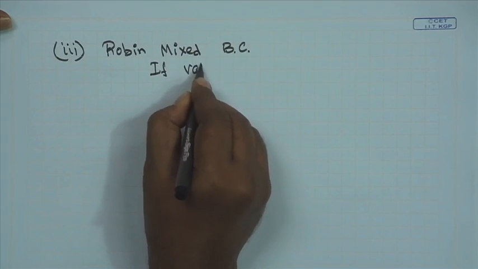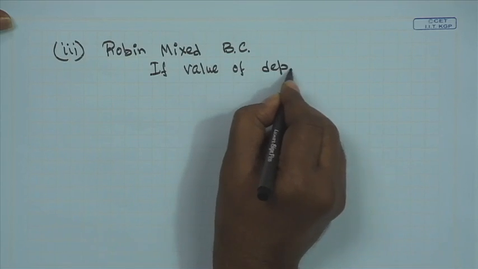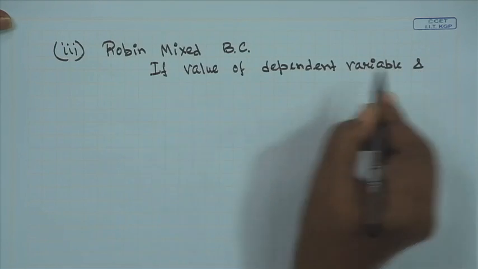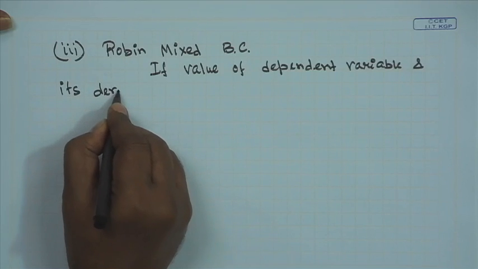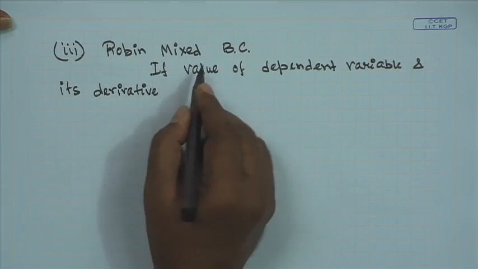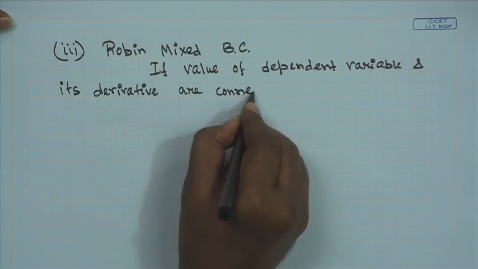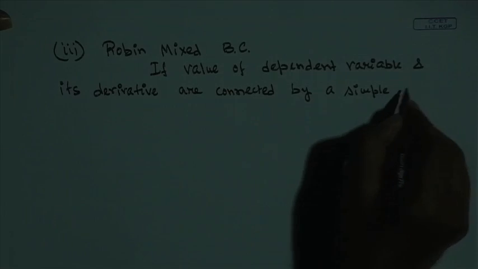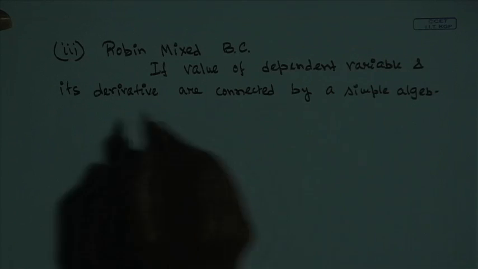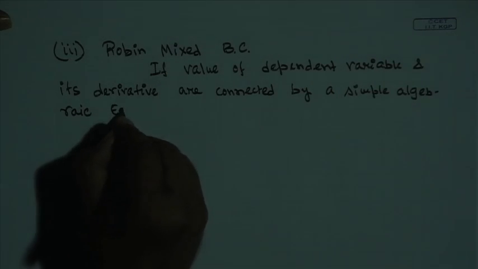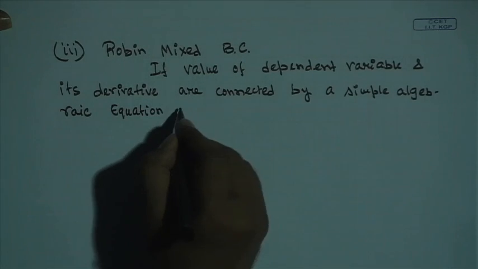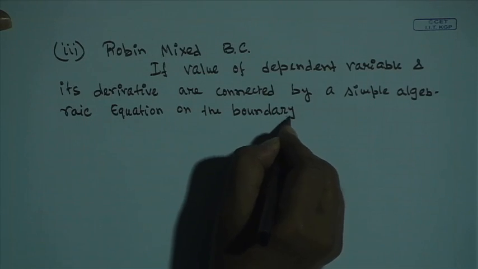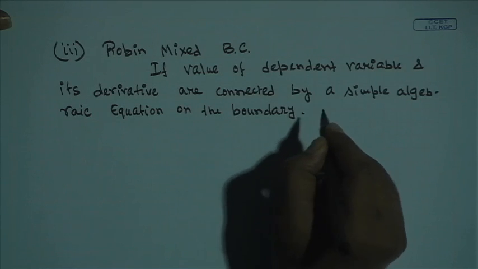If the value of the dependent variable and its derivative are connected by a simple algebraic equation on the boundary, then this is known as the Robin mixed boundary condition.